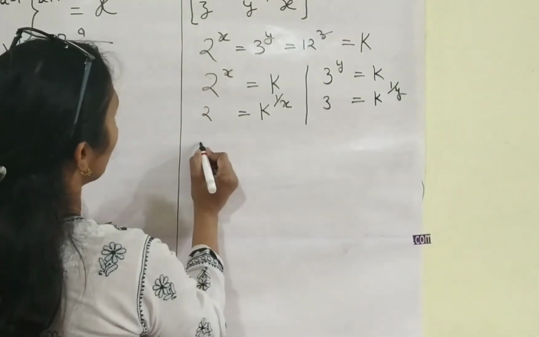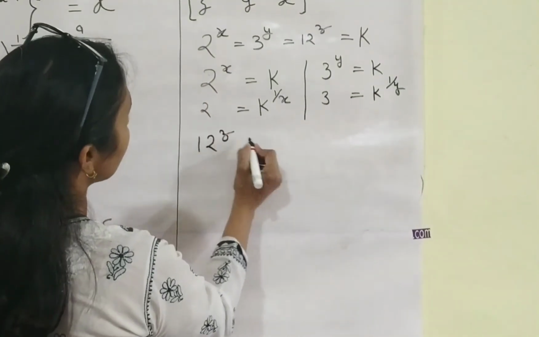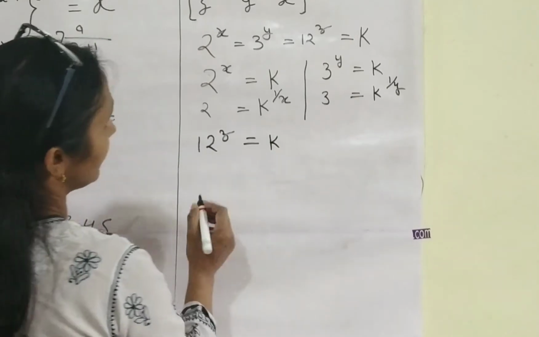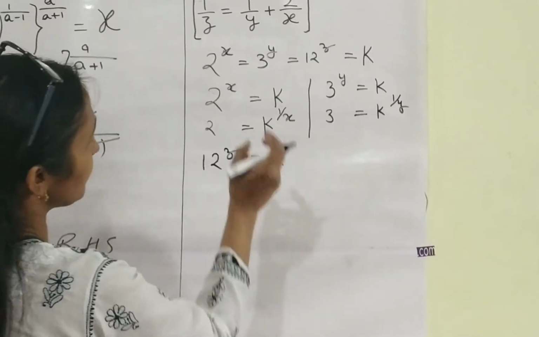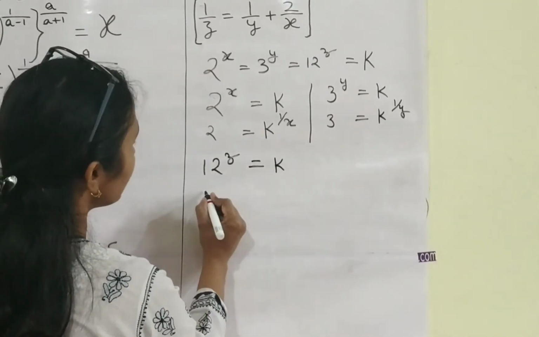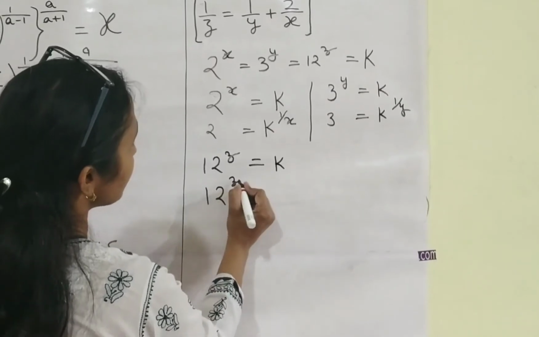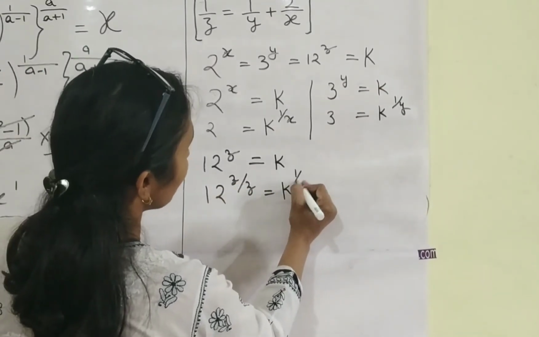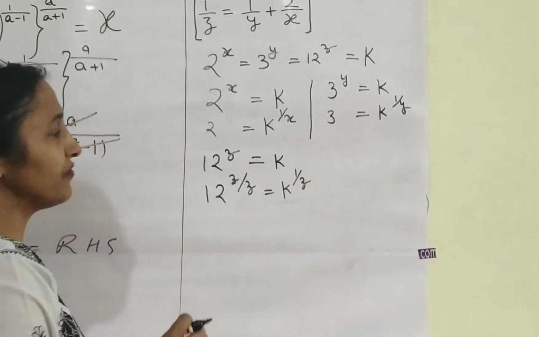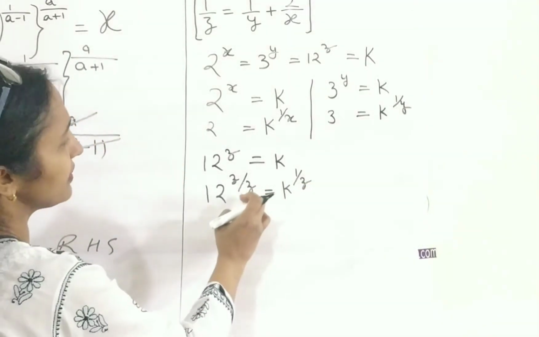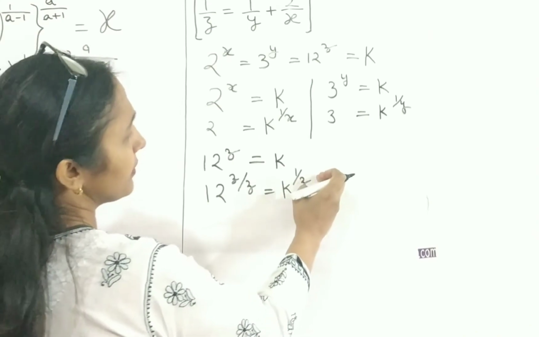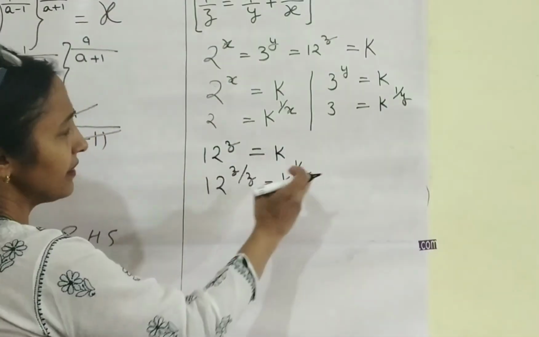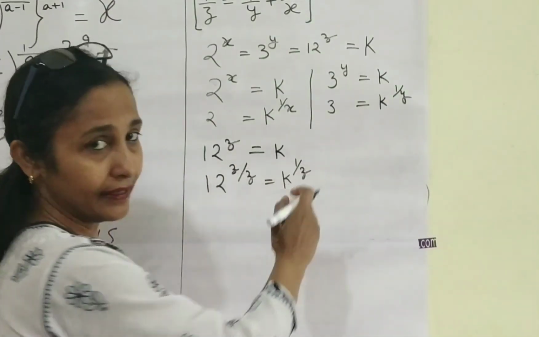Now 12 power z equals k. Again we will do the same thing by dividing the power by z, equals k power 1 upon z. Actually we are doing this to shift the power of z to the right side.